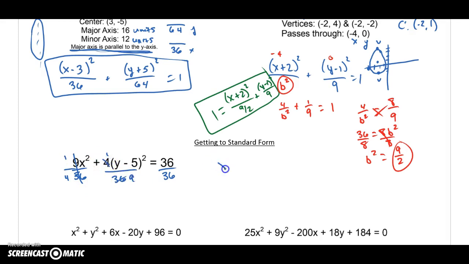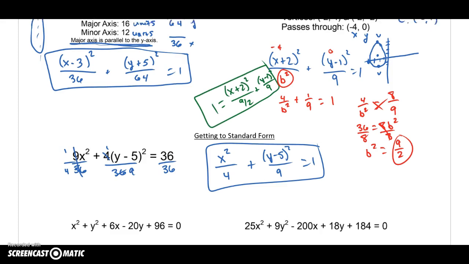So this is going to give me x squared, which is really x minus 0 squared, right? So x squared over 4 plus y minus 5 squared over 9 equals 1. I said plus, I wrote times. You guys got it.